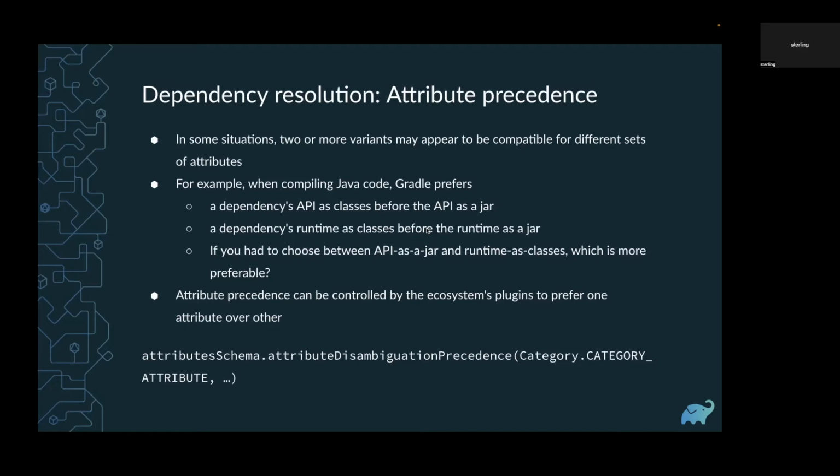So we added an API that allows ecosystems to define what order to consider the attributes in. Basically it means that attributes that are higher in precedence, if they disambiguate the result, they win. And then otherwise it goes through normal disambiguation.